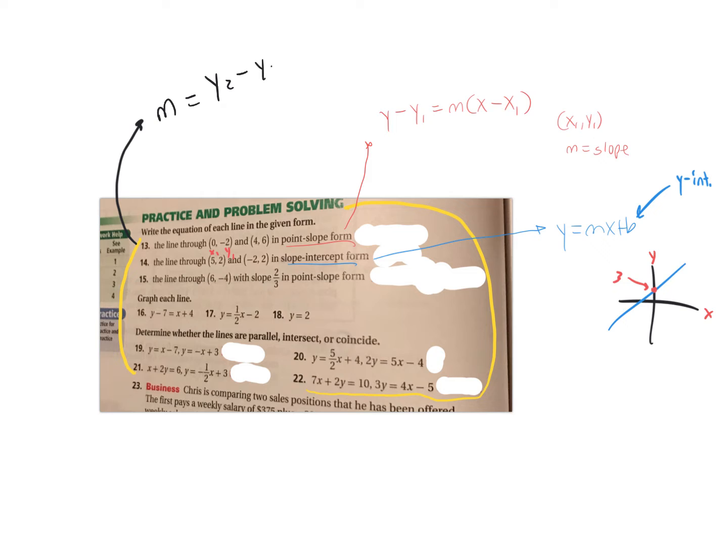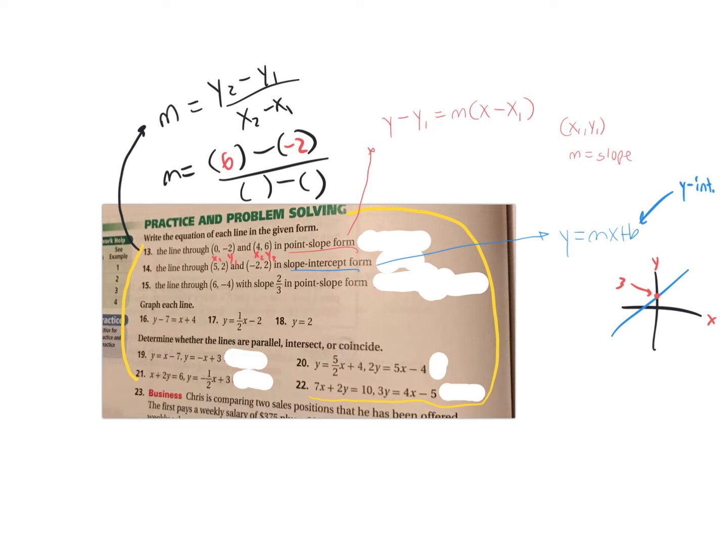The slope formula is y2 minus y1 all over x2 minus x1. We'll call the first point x1, y1 and the next point x2, y2. Then the slope would be y2 minus y1, which is 6 minus -2, over x2 minus x1, which is 4 minus 0.